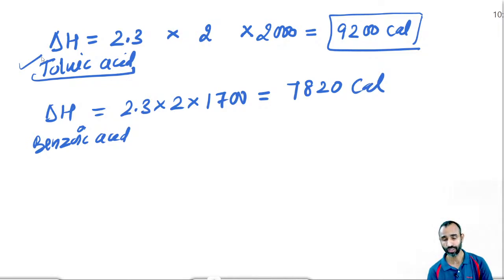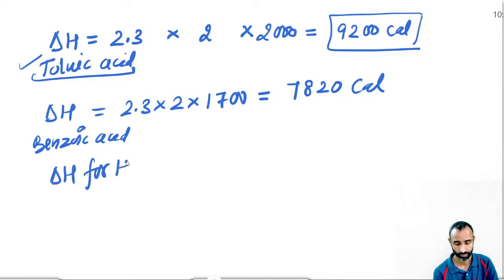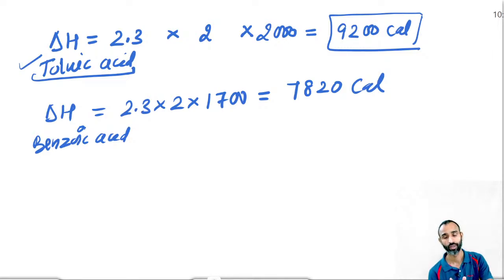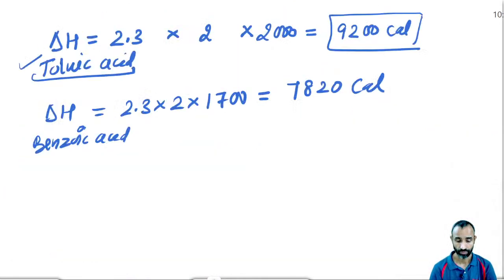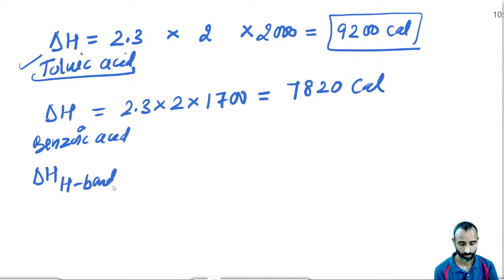Now, the enthalpy of dissociation is used to break how many hydrogen bonds? Two. In the dimer there is one hydrogen bond here and another on the other side. So half of the enthalpy of dissociation is the bond strength of a hydrogen bond, equal to the enthalpy of dissociation of benzoic acid divided by 2.